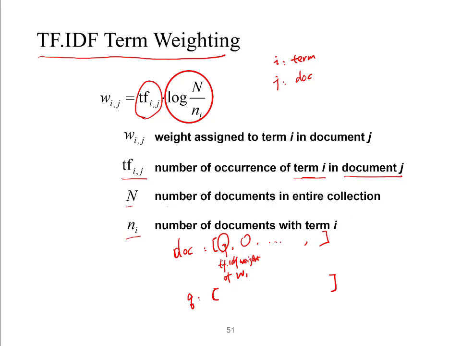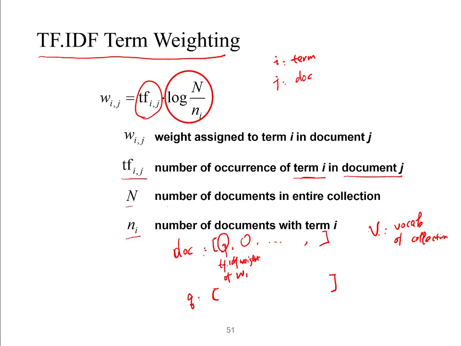So just remember here that the length of the vector is V, which is the vocabulary of the whole collection, so we don't lose or miss any terms.